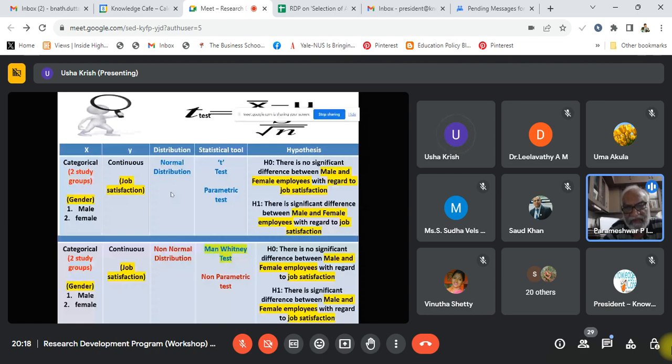I just had a couple of suggestions. We need to split the theory part of statistics from the application and case study part of it. Since you're doing a two-day program, my suggestion for similar programs in future would be to first cover basic theory concepts. What are the things to be done in a research project? How do we select a problem?